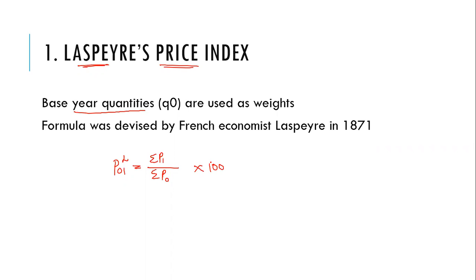Now, how do we calculate the price index? Here in Laspeyres price index we give weight as base year quantity, that is Q0, now considered as weight. We have to consider weights in a weighted index number, so we have to assign a particular weight.